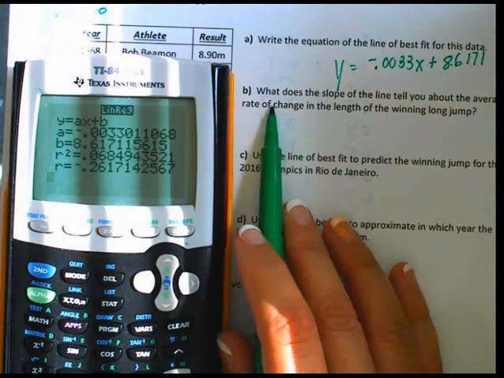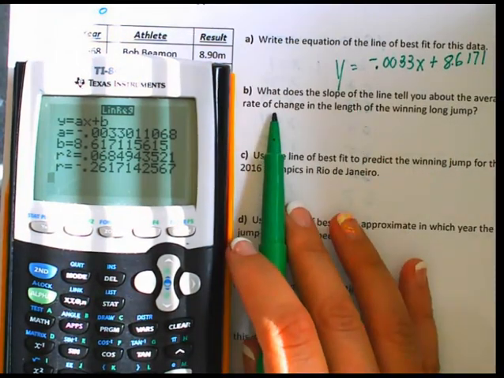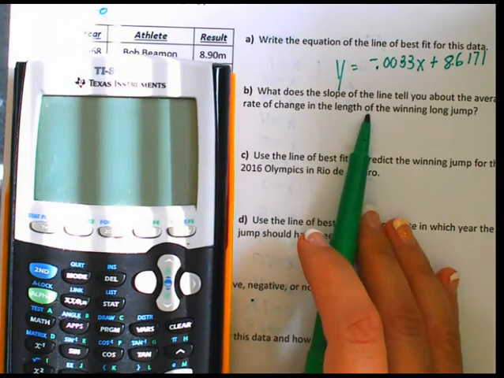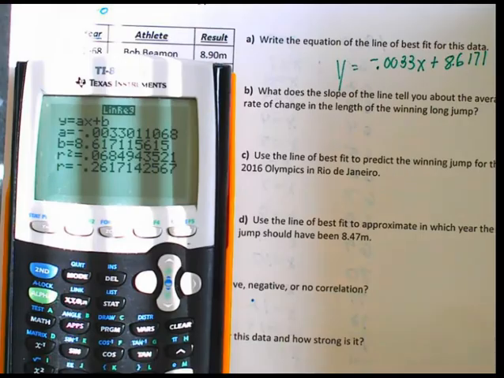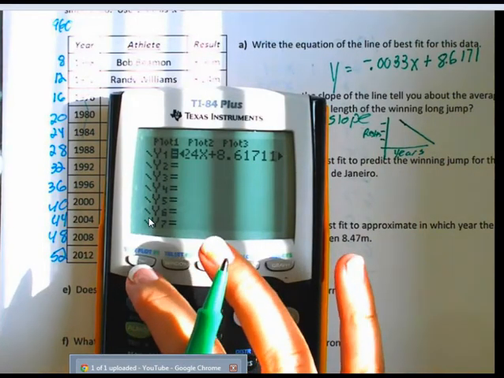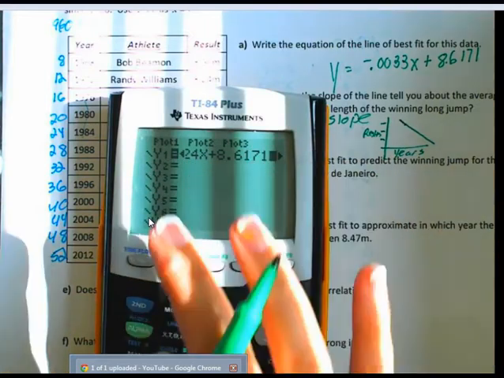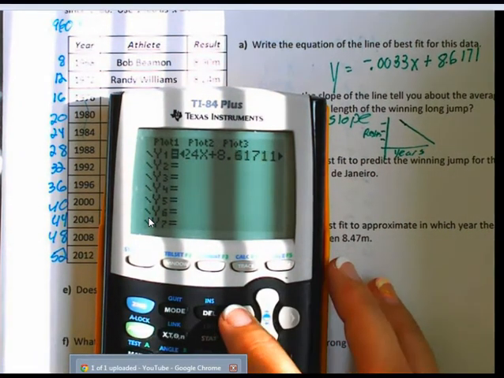So the next question says, what does the slope of the line tell you about the average rate of change in the length of the winning long jump? I think if we look at the graph of this, it will help us. We go to y equals, and notice that because we wanted the results stored in y equals, our equation of the line is already there.